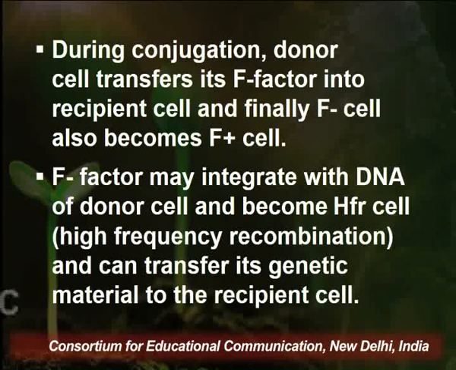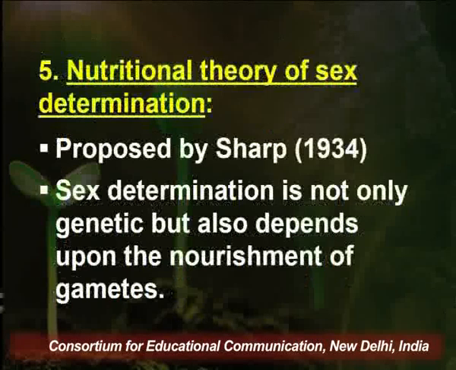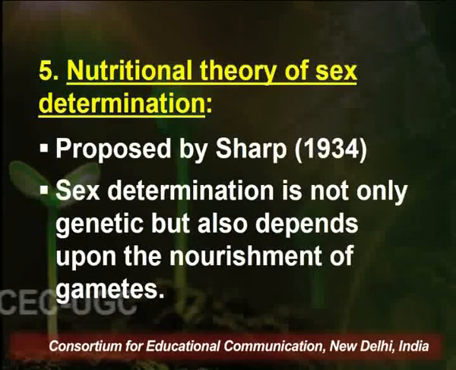Or a situation could arise that the F factor integrates with the DNA of the donor cell, and when it does so, it transforms into what is called a high frequency recombinant or HFR cell, and this can then transfer its genetic material onto the recipient cell.